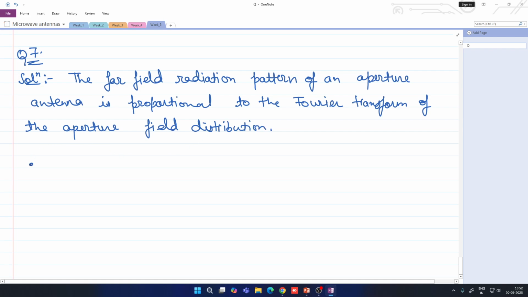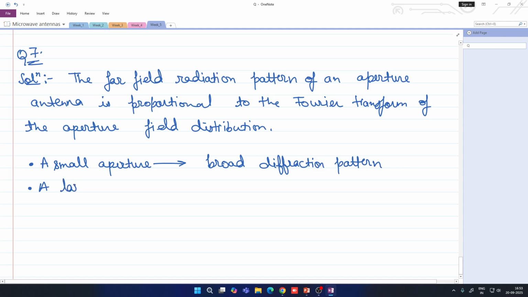So a small aperture will have a broad diffraction pattern, and a large aperture will have a narrow diffraction pattern.